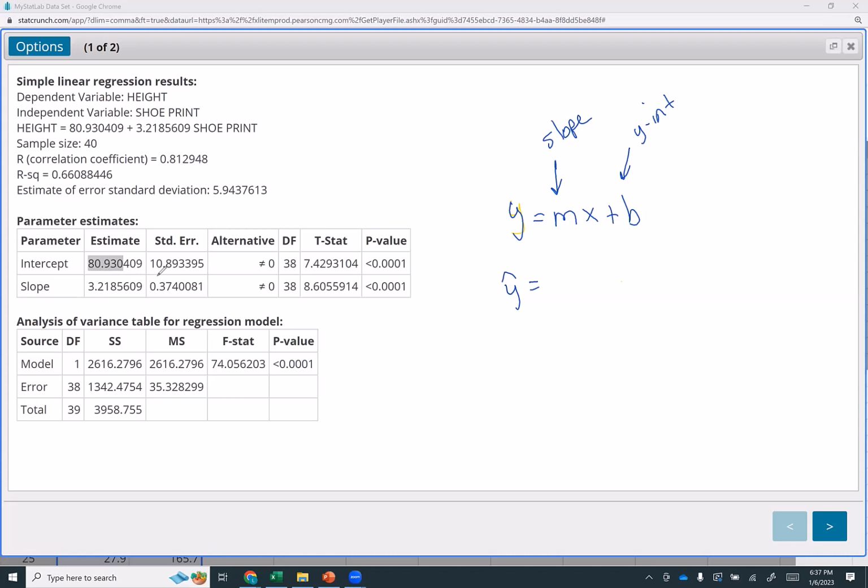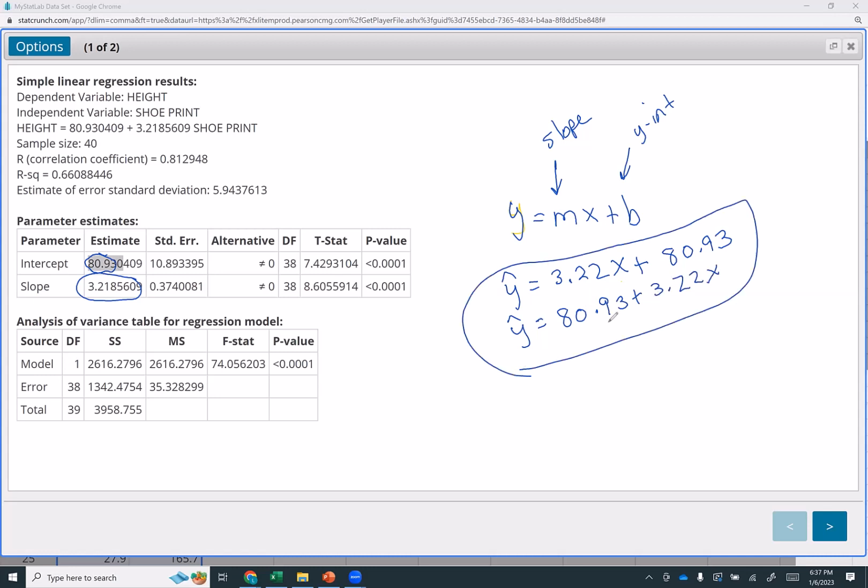Well, here's the slope right here. 3.22. I'm just going to round it to 2 decimal places. Times x plus our intercept, 80.93. And if I want to put it into the form that they would like, it's 80.93 plus 3.22x. These are exactly the same. I just changed the order.